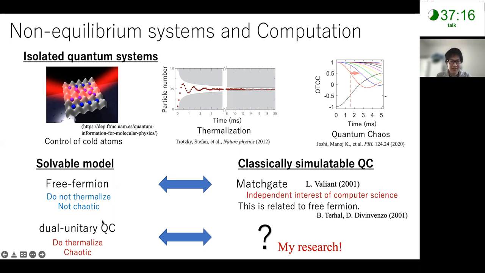And recently, the dual-unitary quantum circuit, which is an exactly solvable model of thermalization and quantum chaos, has been discovered. And in this talk, I want to find a classically simulable quantum circuit that is a counterpart of the dual-unitary quantum circuit.